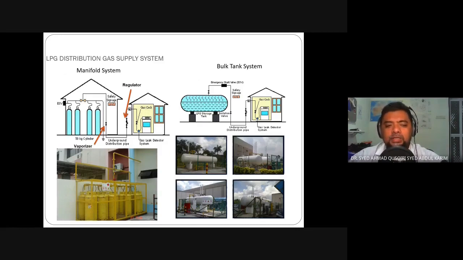In terms of the piping, it is quite similar to the manifold, with the gas being sent straight into the appliances that need it.